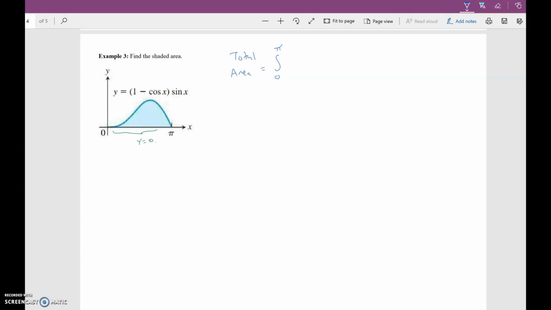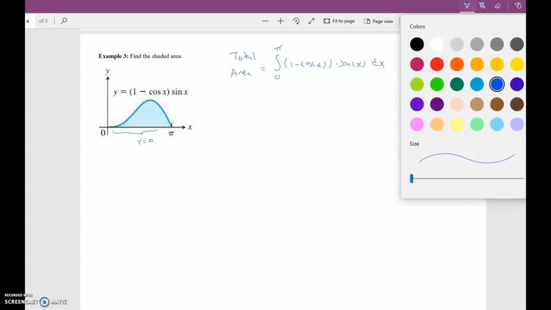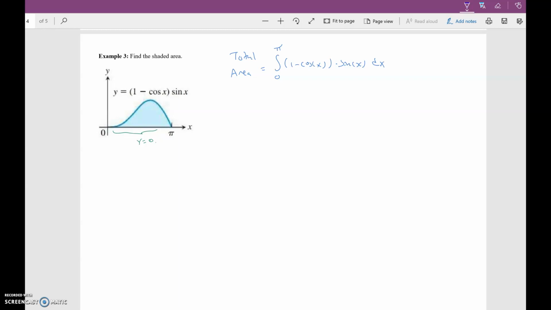We're going to have 1 minus cosine of x times sine of x, and then technically with respect to x. Now, this particular one, we're just going to do a u substitution.